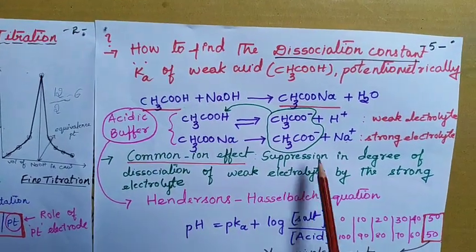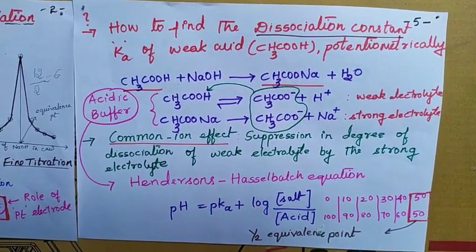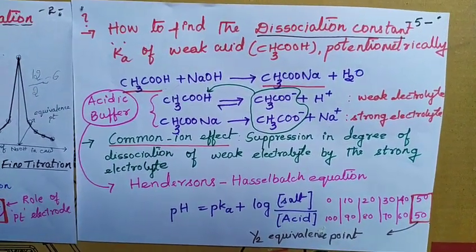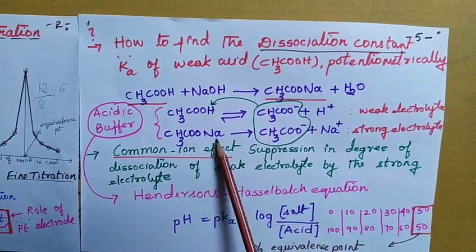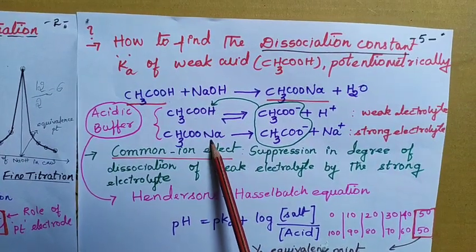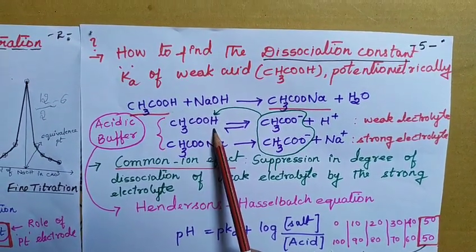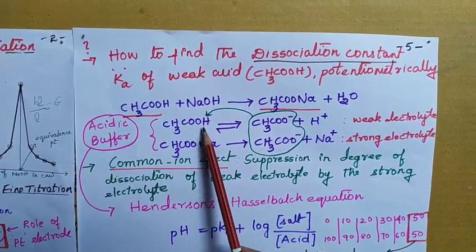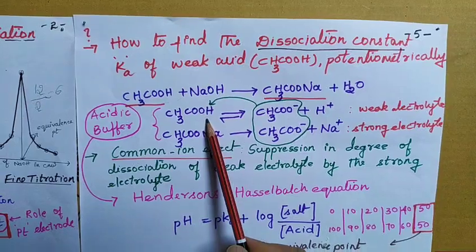That is, the suppression of degree of dissociation of a weak electrolyte by the addition of a strong electrolyte. So if you add sodium acetate to acetic acid, a weak acid, sodium acetate being a strong electrolyte suppresses or decreases the dissociation of the weak electrolyte acetic acid.